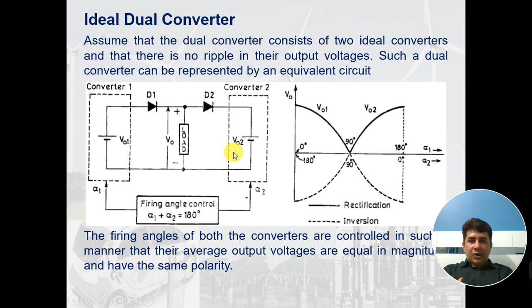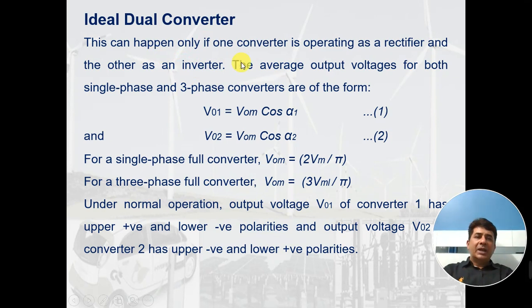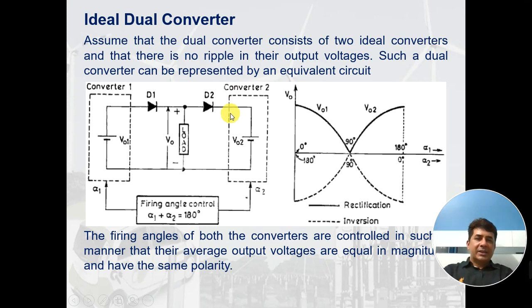Now, how is this possible? We want this load voltage to be positive. If we wish this load voltage to be positive and we wish to conduct both the converters at the same time, then we may have to apply a trick. Now, what is that trick? This can only happen if one converter is operating as a rectifier and the other converter is operating as inverter.